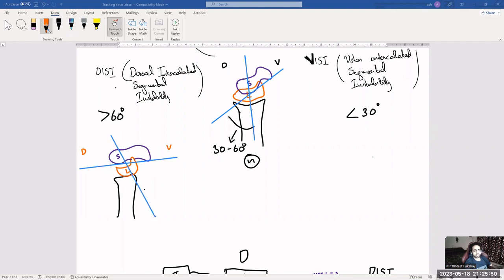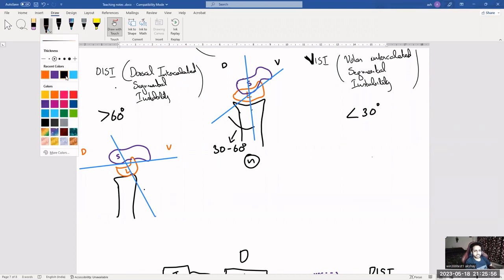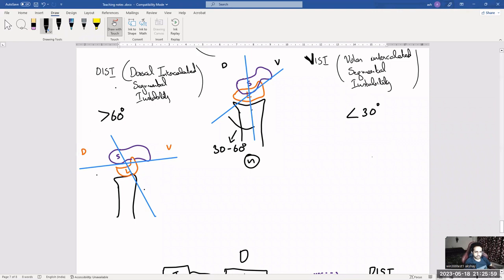What we are seeing here is that the scapholunate angle has increased to more than 60 degrees. Normally it is between 30 and 60 degrees, and here it has increased to more than 60 degrees.